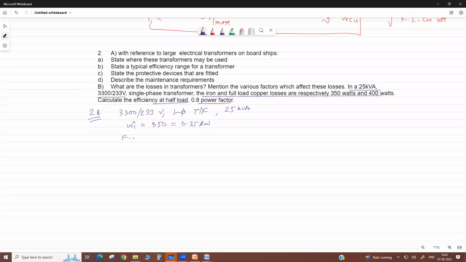Always along with copper loss, the load condition is written. It is a full load copper loss, 400 watt, or in kilowatt it is 0.4. Now you write at half load.